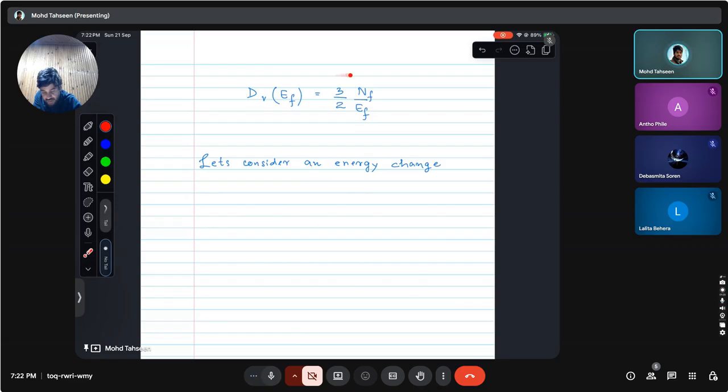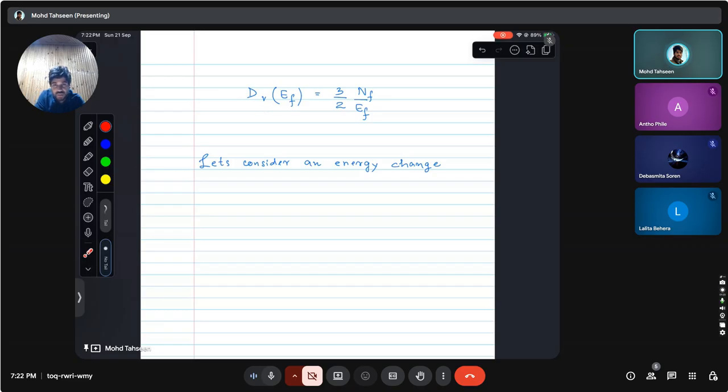So what this term relates is the distribution of electrons to the density, to the total number of electrons. This is related to the number of electrons, and this is related to the distribution, right?